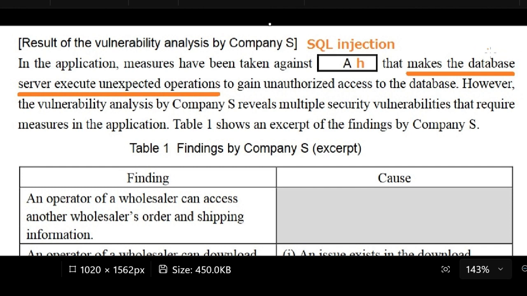Because it has something about the database server executing unexpected operations because something got into the instructions, and because we have the word database, it's also related to the structured query language. If we look at the remaining choices, they don't seem to have that part as clear as SQL injection, okay? Okay, so let's go to the next one.